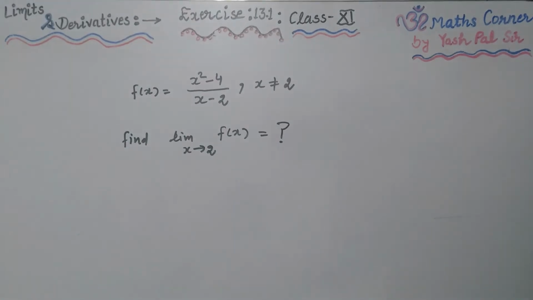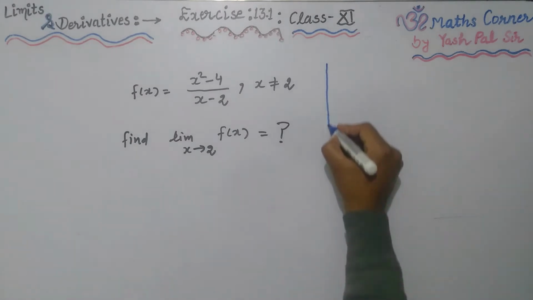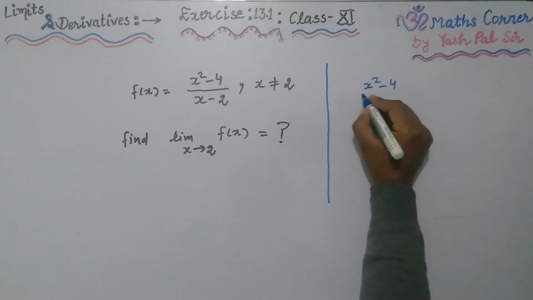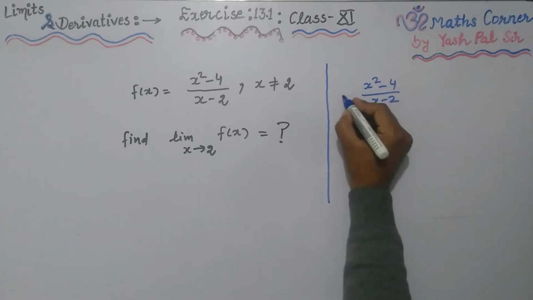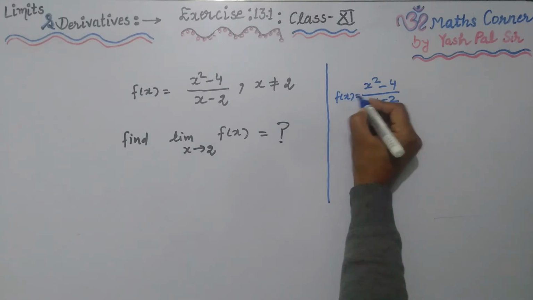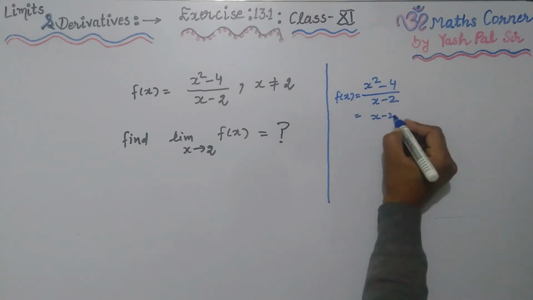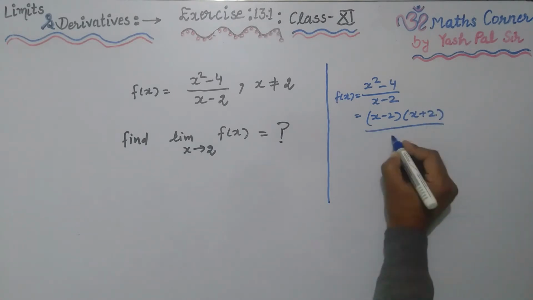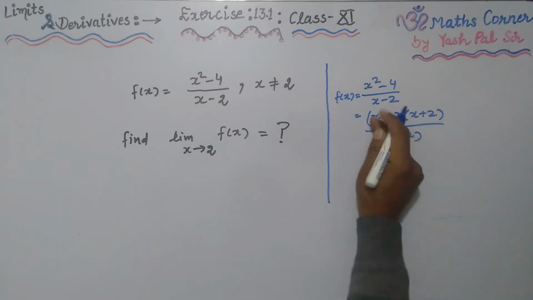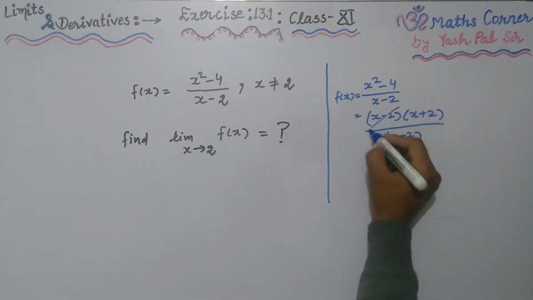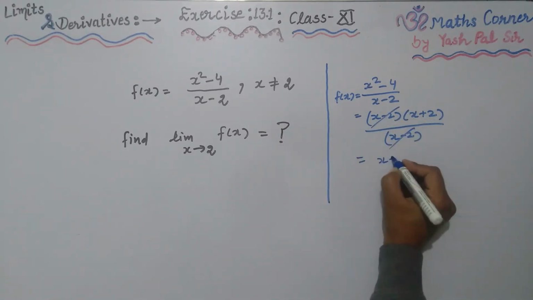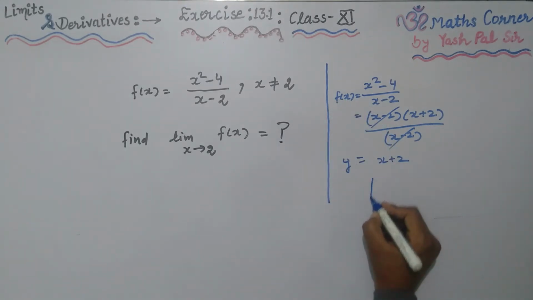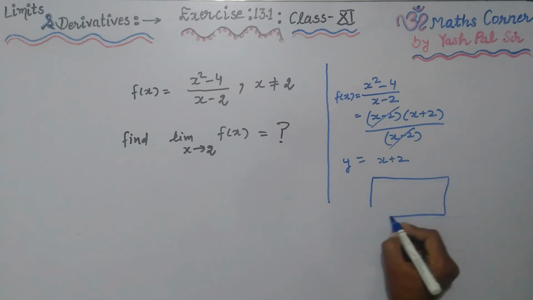First of all, we do a rough calculation. f of x is x squared minus 4 divided by x minus 2, which means (x minus 2)(x plus 2) divided by x minus 2. Because x minus 2 is not equal to 0, it cancels, so this is equal to x plus 2. f of x means y is equal to x plus 2, so we have the table.